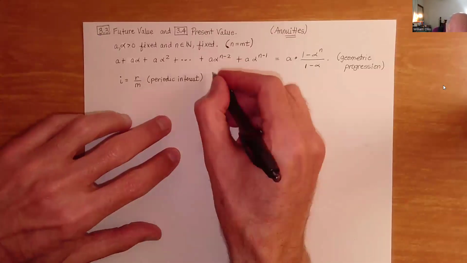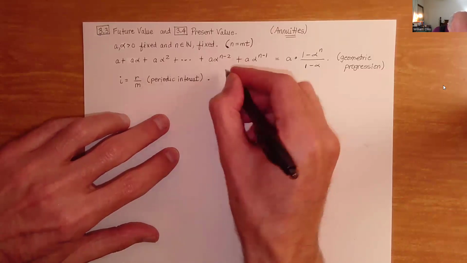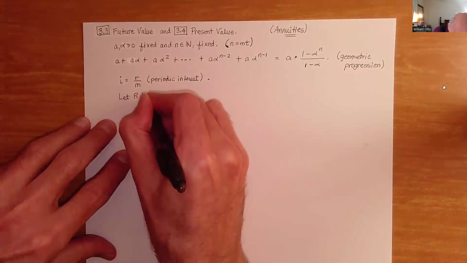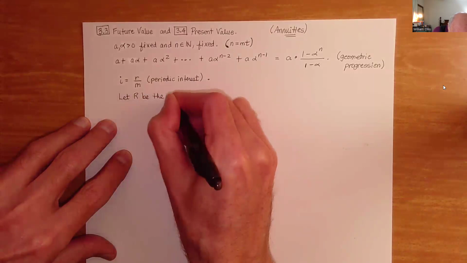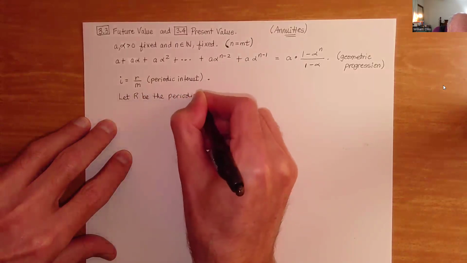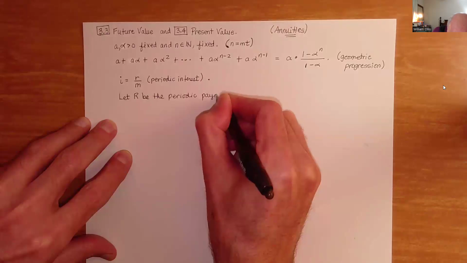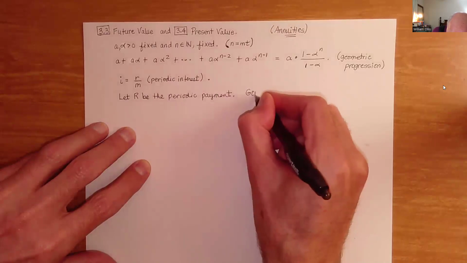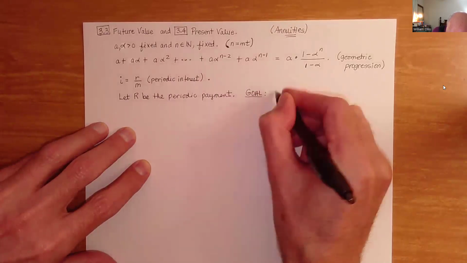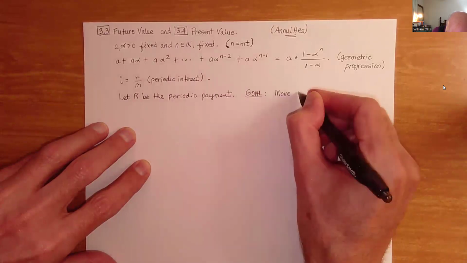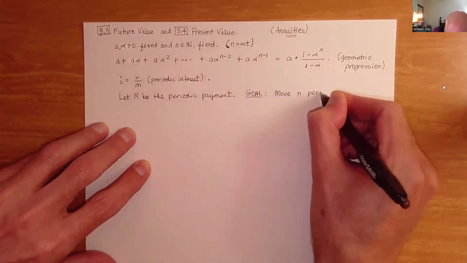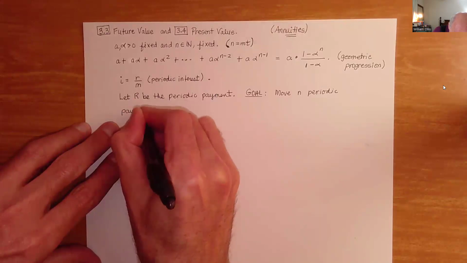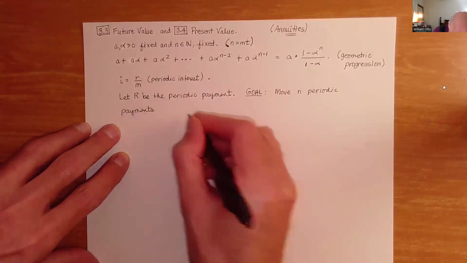So for now, let R be the periodic payment. And our goal in this case is to move periodic payments into the future.